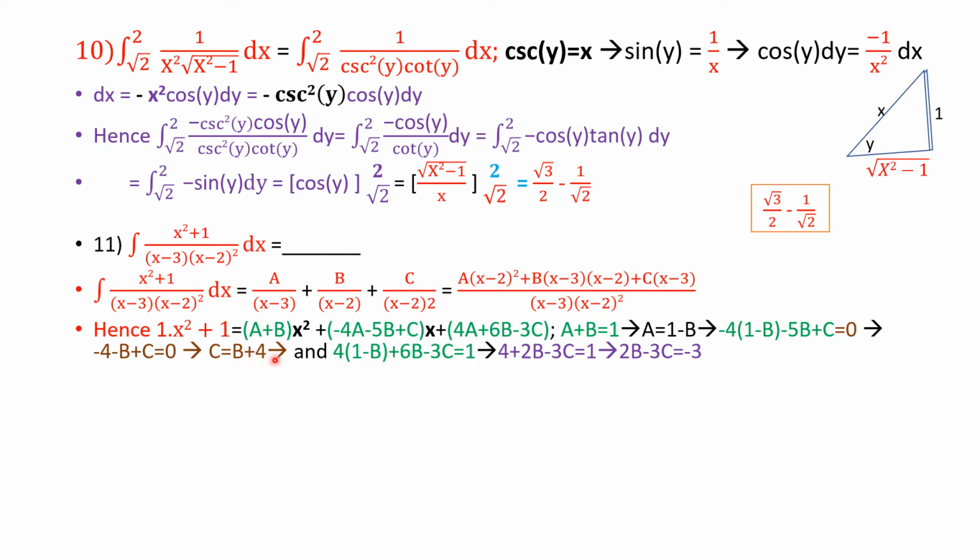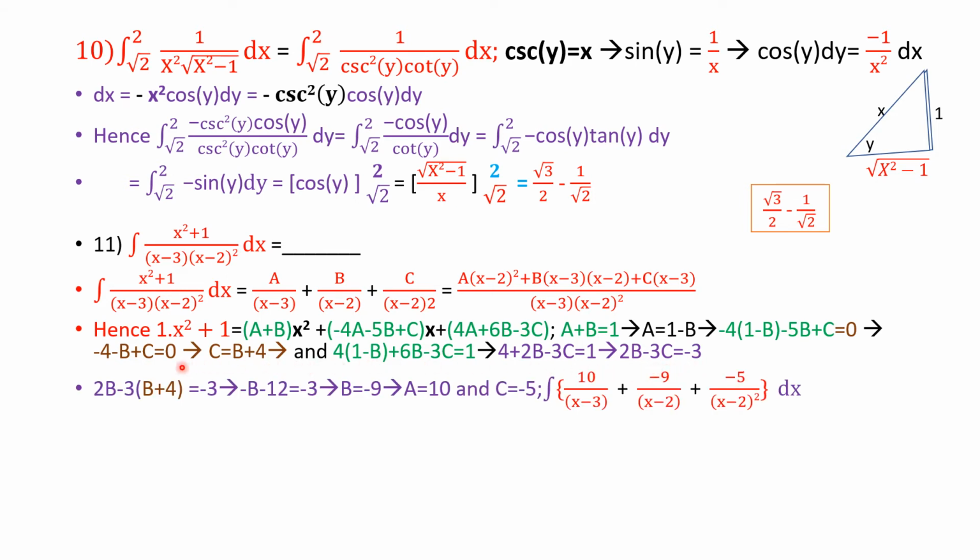And if we look at the constant term, we have 4 multiplied by a, which is 1 minus b, plus 6b minus 3c equals 1. This implies that 4 plus 2b minus 3c equal to 1, which implies that 2b minus 3c equal to negative 3.